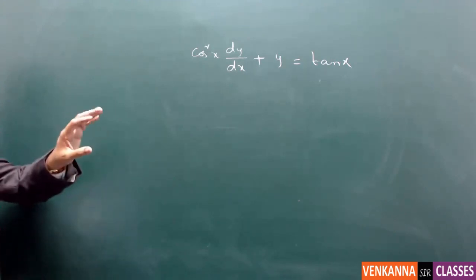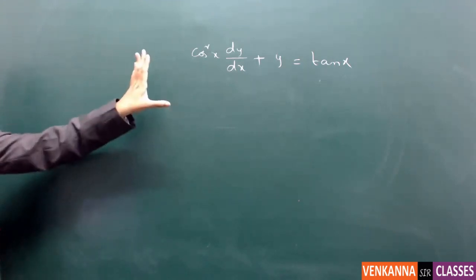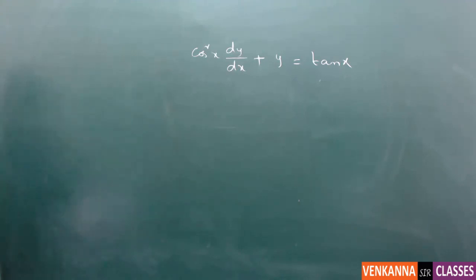Do you need more elaboration on this model, or is this type of explanation sufficient for you? Is it comfortable for you in getting the idea how to solve it? Thank you.